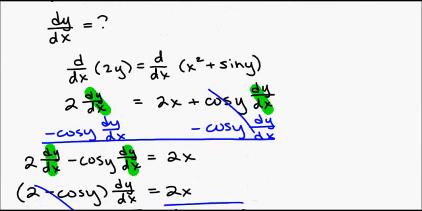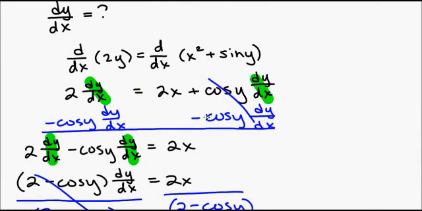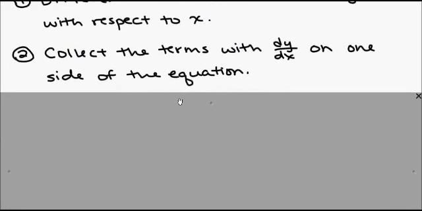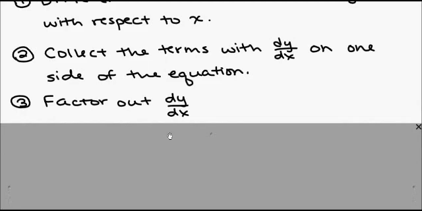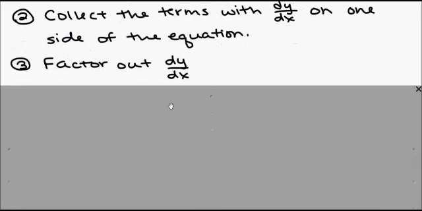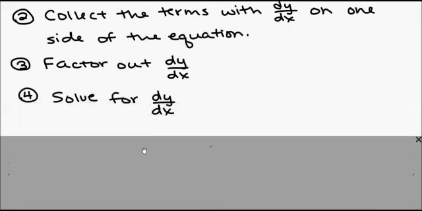So again, going back, that's when we moved the cosine y dy/dx to the other side so we could get them all together. Step 3, factor out dy/dx. That was right here. Okay, so dy/dx came out, everyone else stayed together. And step 4, your last step, solve for dy/dx. So this is your division.